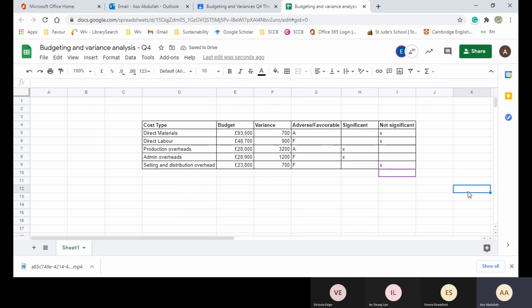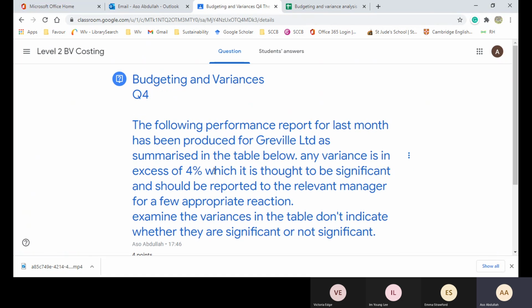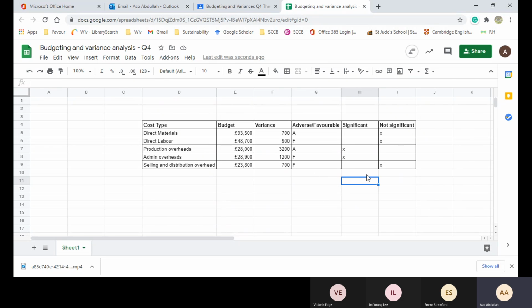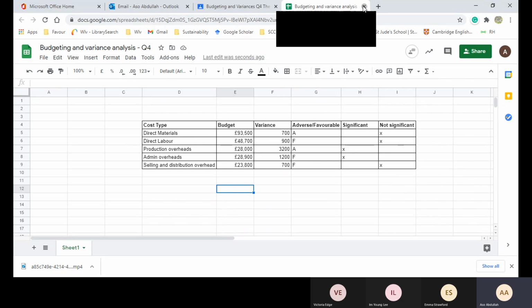It is 100% correct. So the first one and second one are not significant because they are not greater than the percentage, and the other is not greater than 4%. But usually you should calculate the percentage. But thank you very much. Well done.